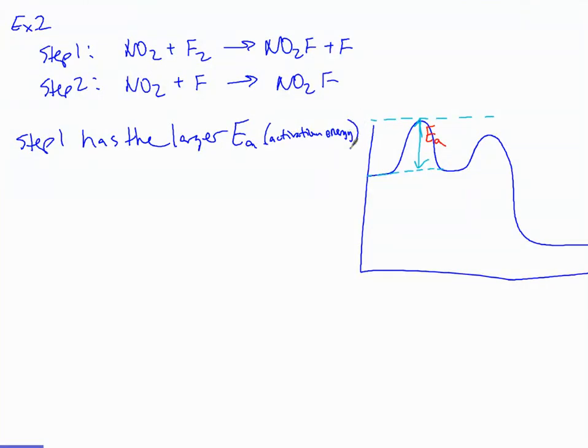Right. Step 1 has the larger activation energy, which tells us this one's going to be the slow step.